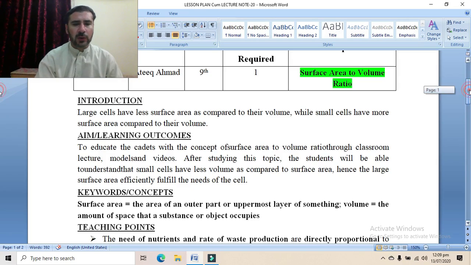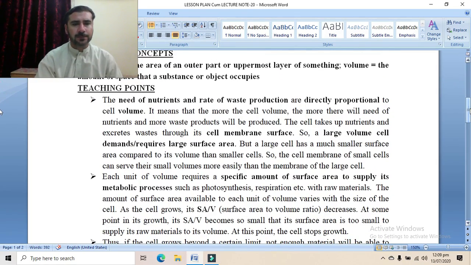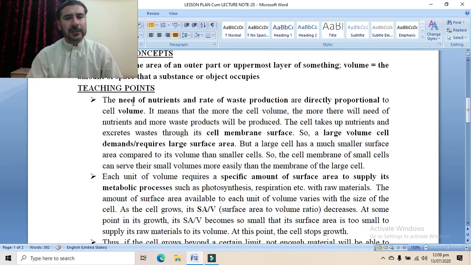We will move toward the teaching points. Basically, the need of nutrients and the rate of waste production are directly proportional to the cell volume. It means that if a cell has a large volume, its nutrient requirements will be more.